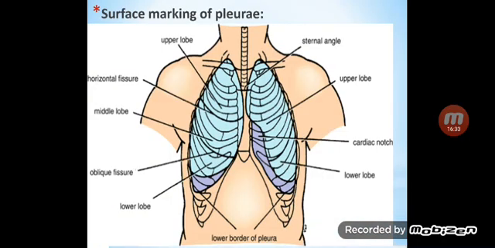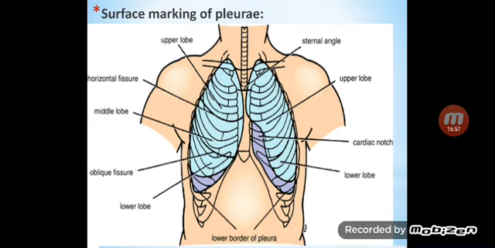The surface marking of the pleura. This is actually very important. You remember the cervical part of the parietal pleura or the cervical pleura, أو بعض المصادر تسميها dome of the pleura.